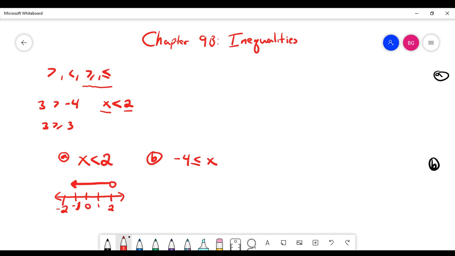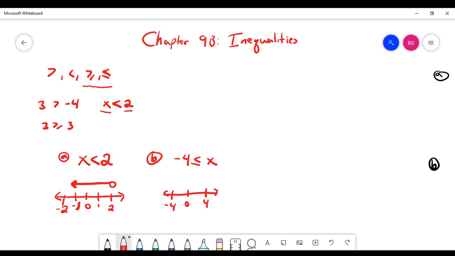Okay, negative 4 is less than or equal to x. So we're going to write this as a number line again. I'm going to put my number line here. Now I'm not going to make a bunch of numbers. I'm just going to make 0 because that's a key point for us. I'm just going to do 4 and negative 4. That's about all I really need.